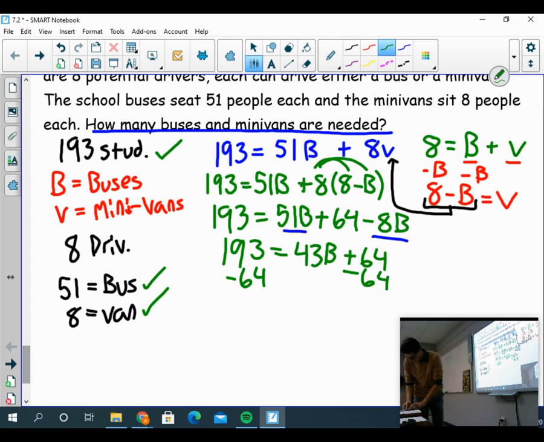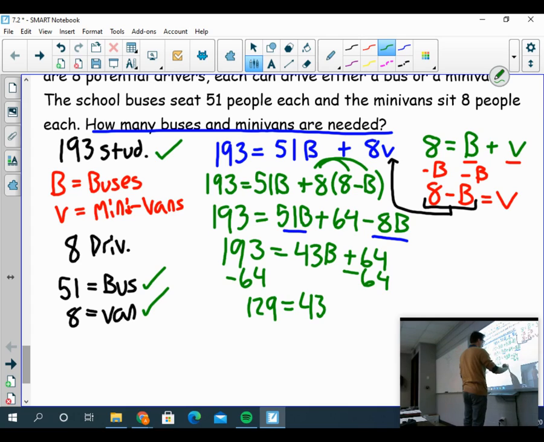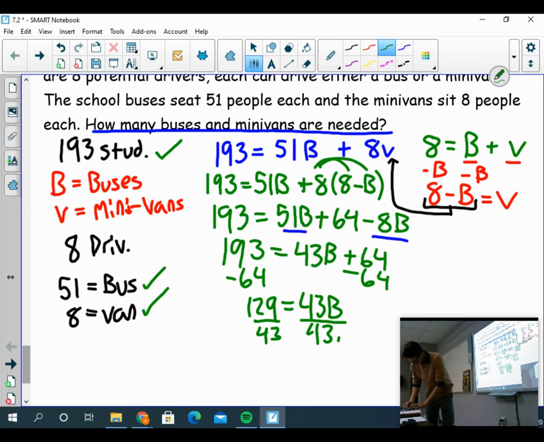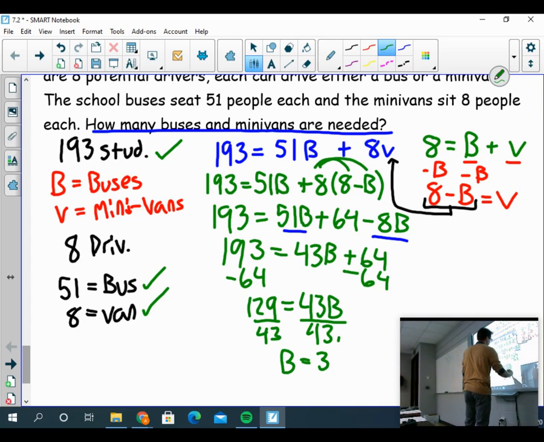And when I do 193 minus 64, I get 129 equals 43B. Divide both sides by 43. And I get B equals 3, which means I need to take 3 school buses.